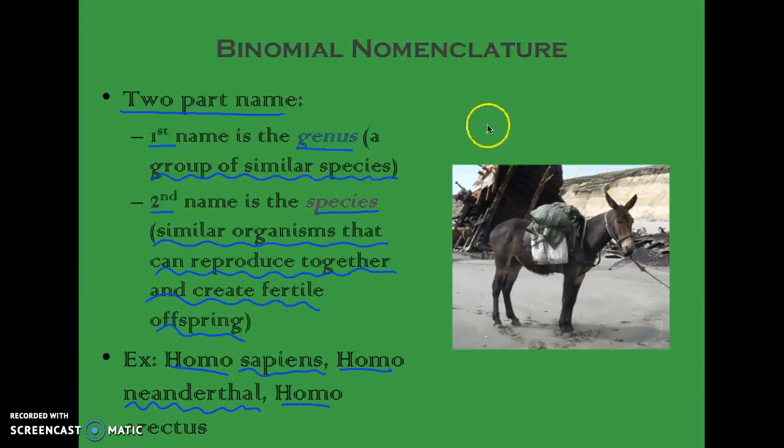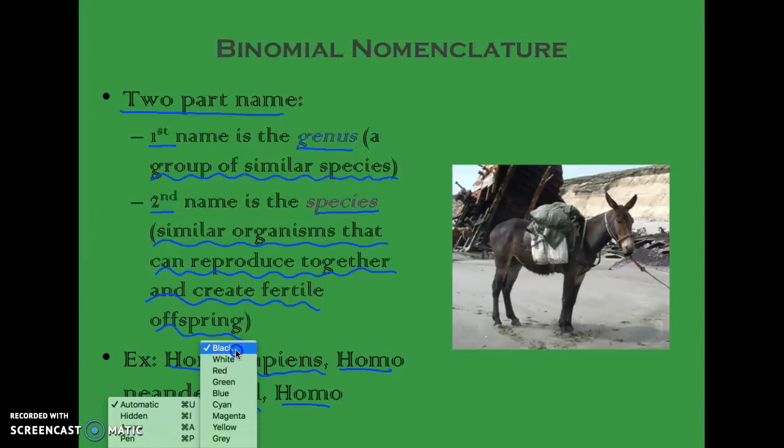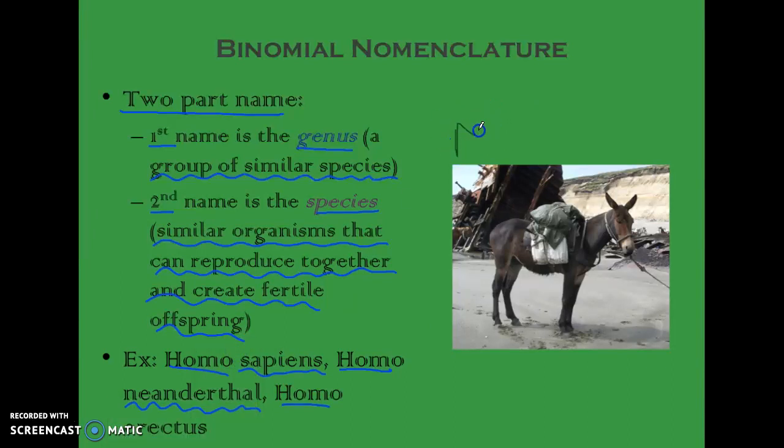So this is a, oh, sorry, it's going to switch again. Wrong way. I got to turn the pen back on. Mule. A mule is a donkey and a horse who had a baby. Now you might say a donkey and a horse aren't the same species, but they can reproduce together.